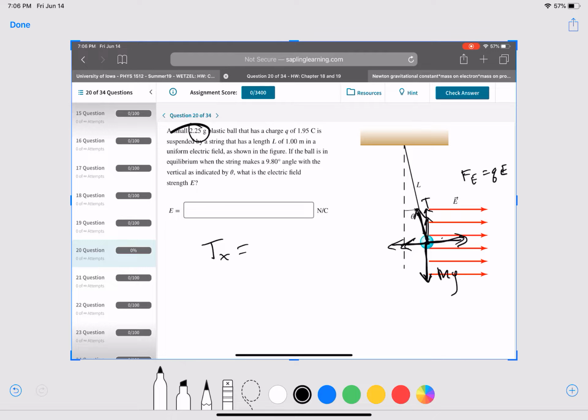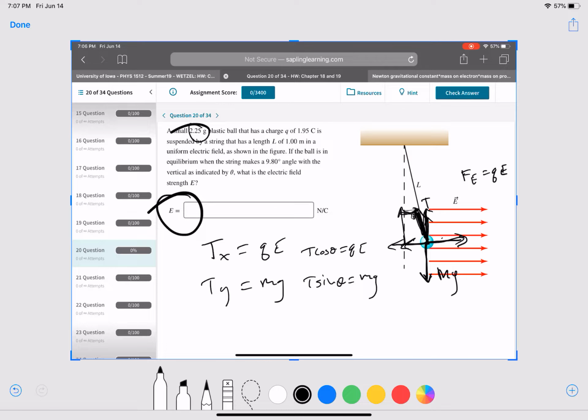So Tx should equal QE, and Ty should equal mg. If this is your angle and that's T, the hypotenuse, then T cosine theta is equal to QE, and T sine theta is equal to mg. What we want to know is E, the electric field strength.